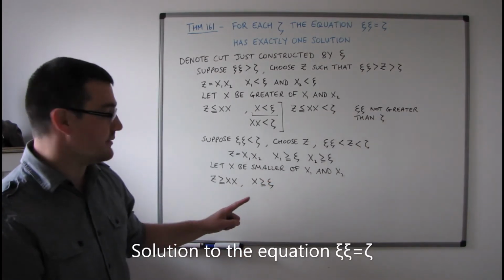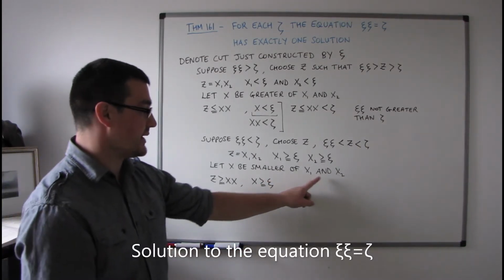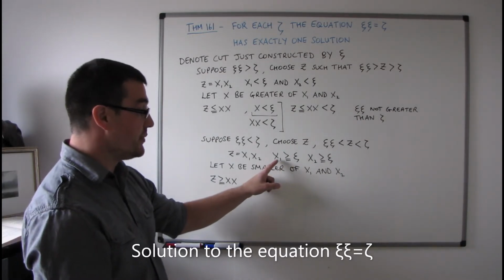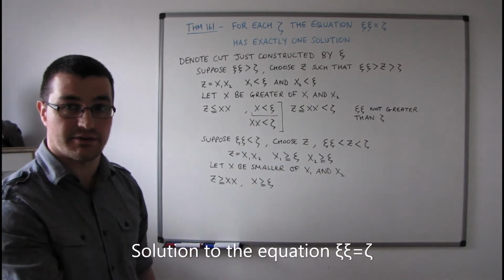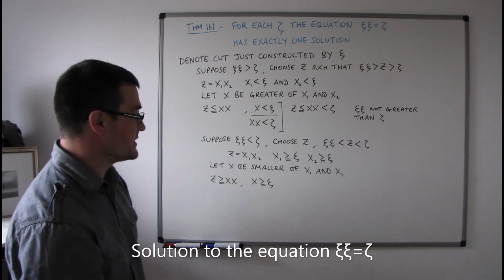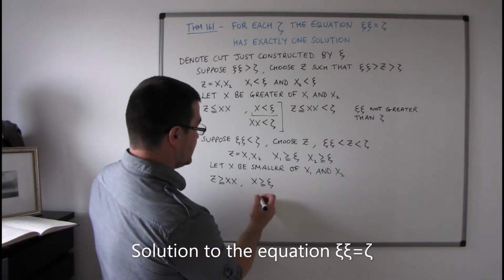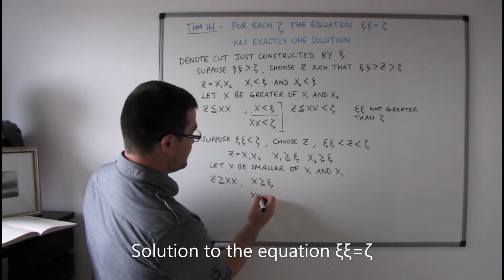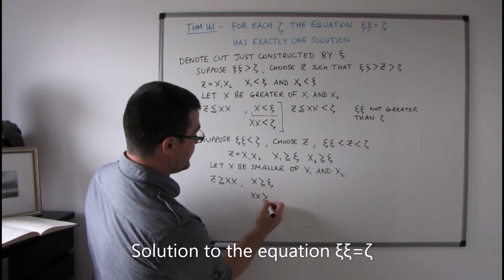Again, x is either equal to x1 or x2, and because both x1 and x2 are greater than xi, then x must be greater than xi.